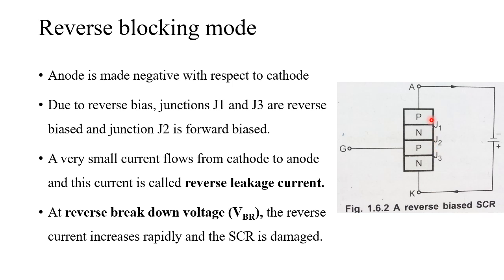Due to this, a very small leakage current flows through the SCR, called the reverse leakage current. At the reverse breakdown voltage, the reverse current increases rapidly and the SCR is damaged. Therefore, the SCR should not be operated at or over the reverse breakdown voltage.